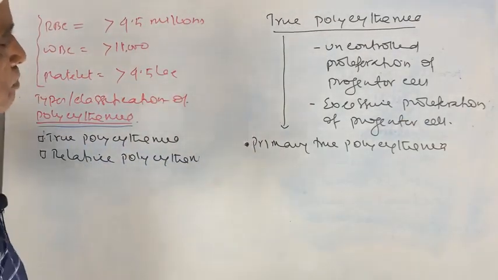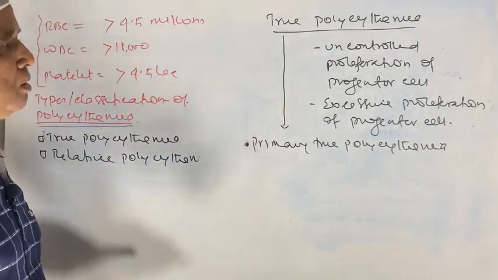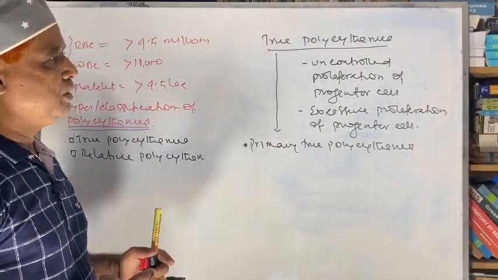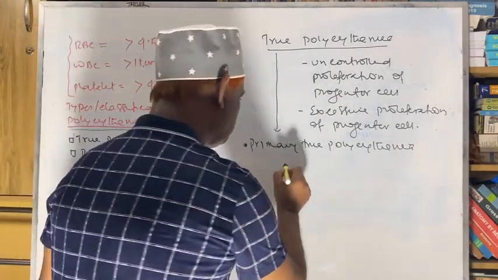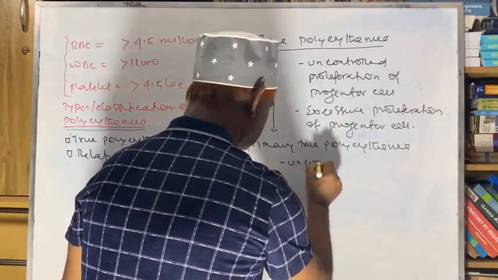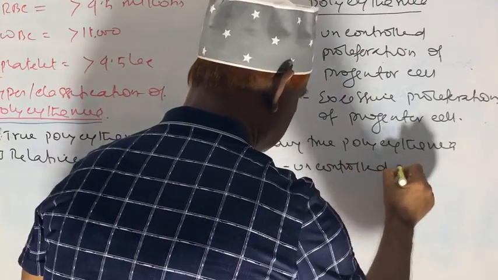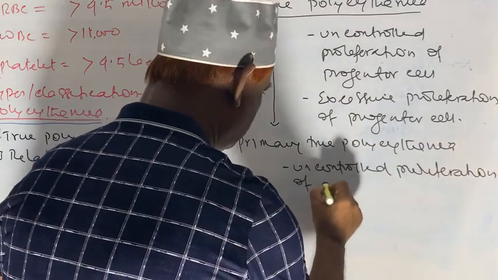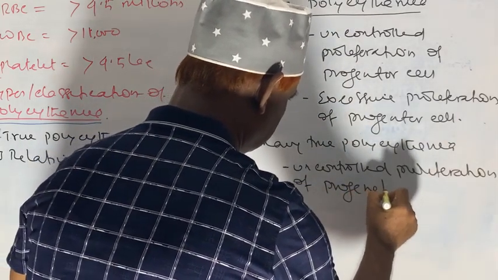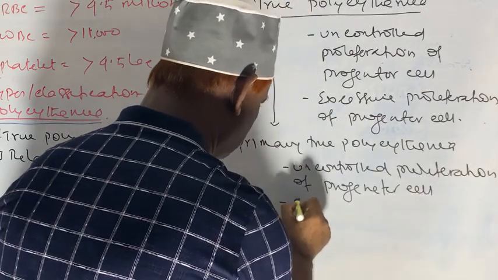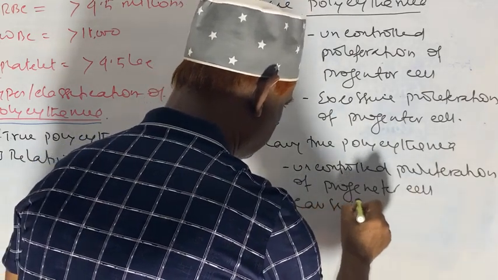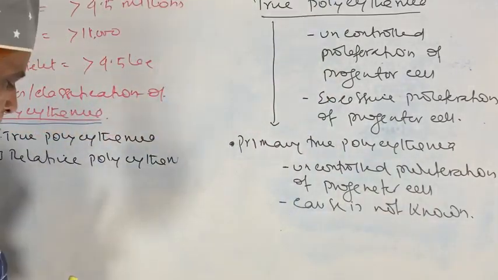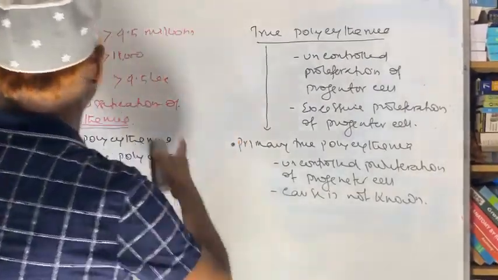In this type of polycythemia, there is uncontrolled proliferation of progenitor cell, but the cause of uncontrolled proliferation is not known. This is primary true polycythemia.